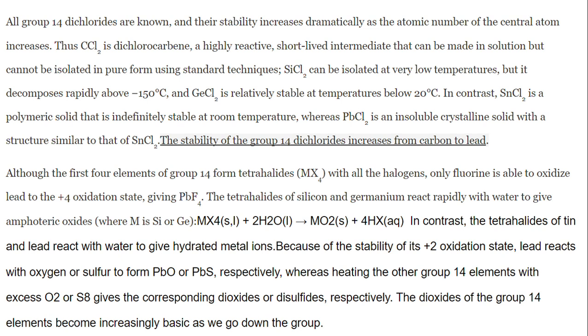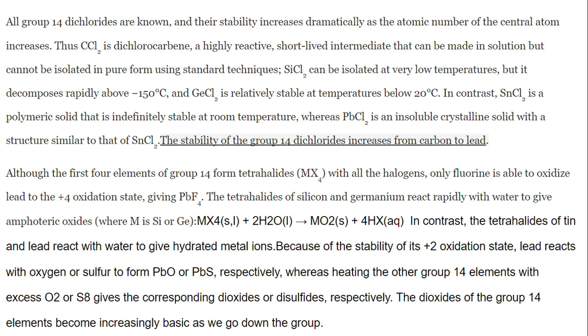Because of the stability of its +2 oxidation state, lead reacts with oxygen or sulfur to form PbO or PbS, lead oxide or lead sulfide respectively, whereas heating the other group 14 elements with excess O2 or sulfur gives the corresponding dioxides or disulfides respectively.